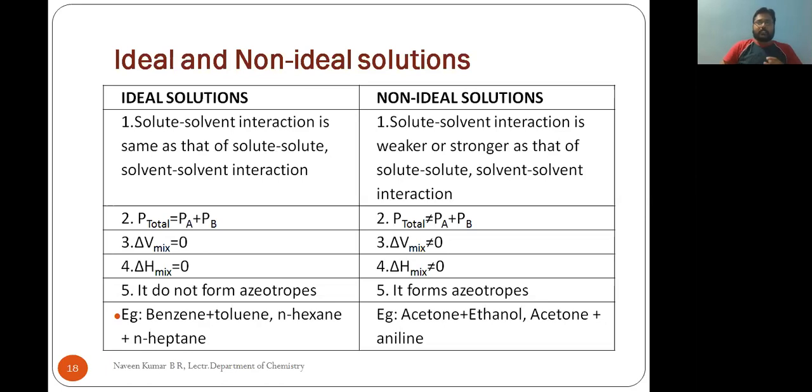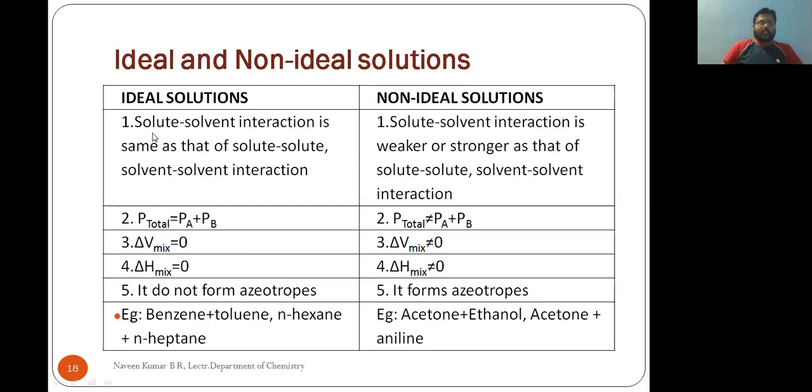Based on how this solute-solvent interaction is formed, we can understand the types easily. In the case of an ideal solution, the newly formed solute-solvent interactions will be the same as the solute-solute or solvent-solvent interactions.